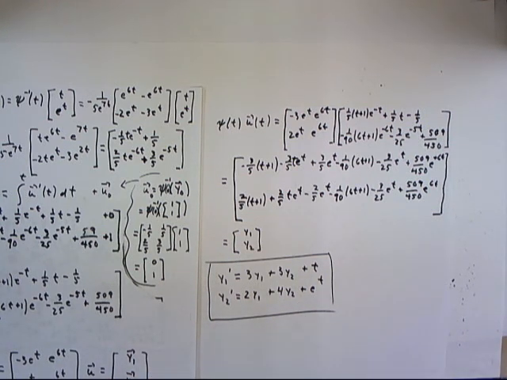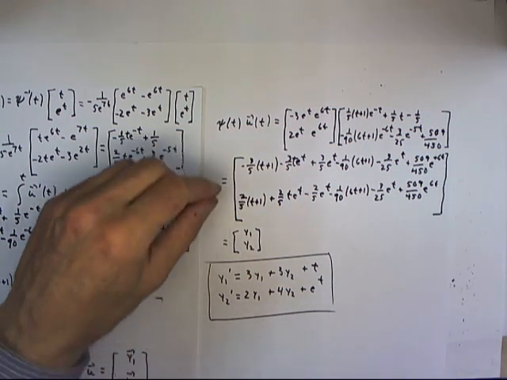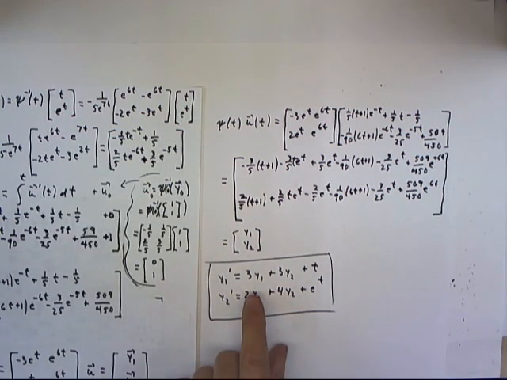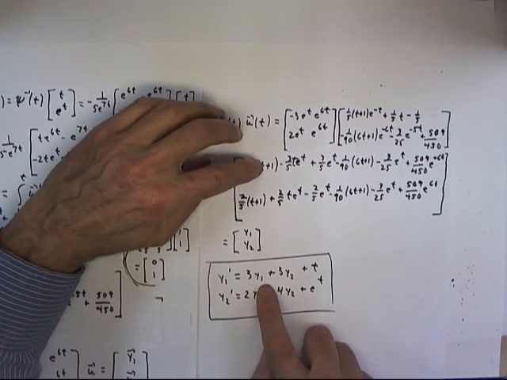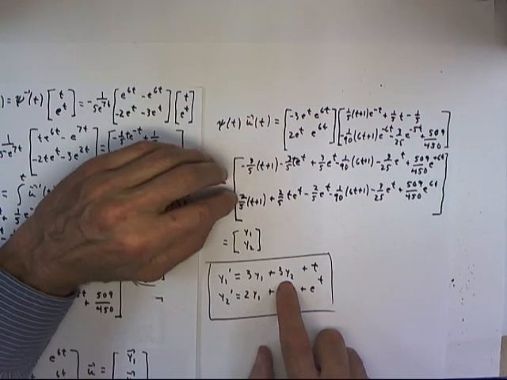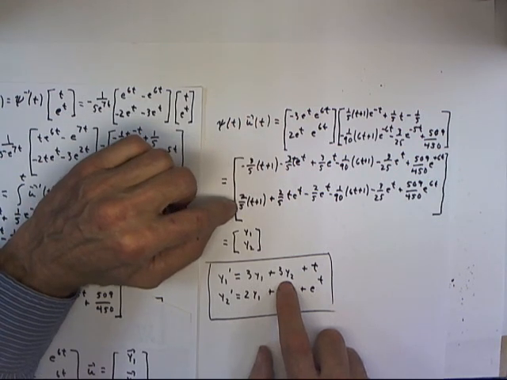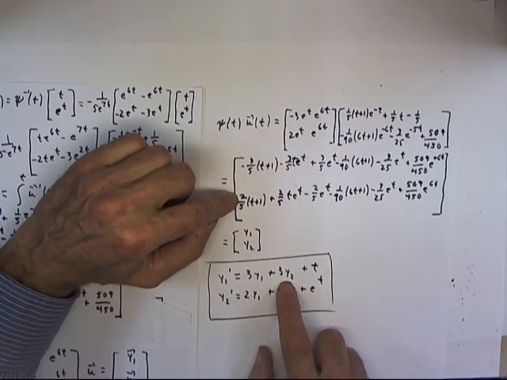And without writing it out, I'll just point out why it's plausible, at least, that I maybe do have the right solution. Follow me for a second. 3y1 is going to give us negative 9/5 t. 3y2 is going to give us 6/5 t. So that's negative 3/5 t.